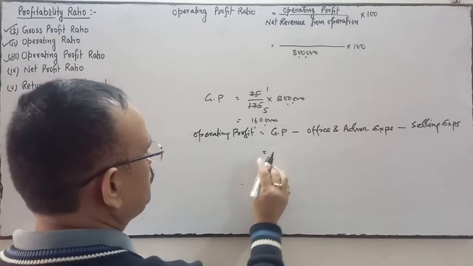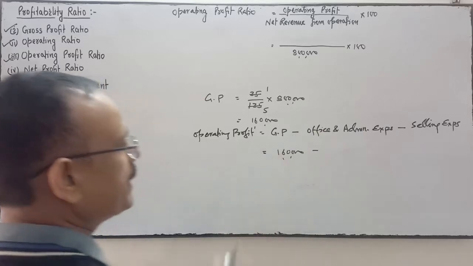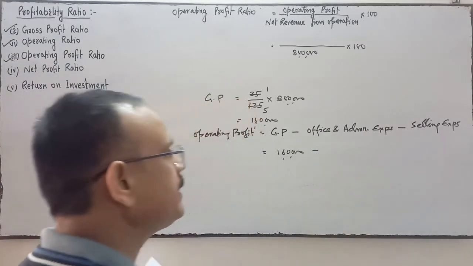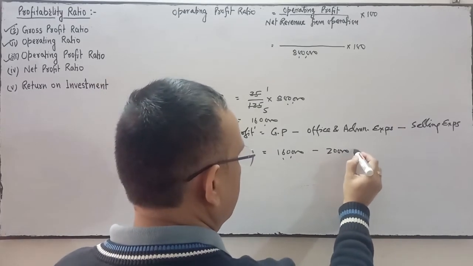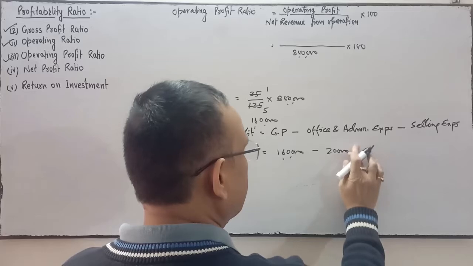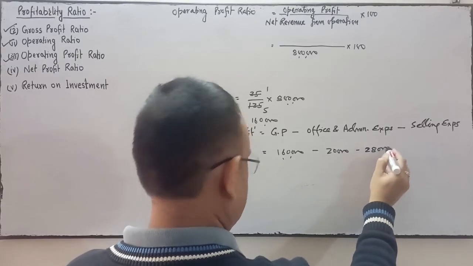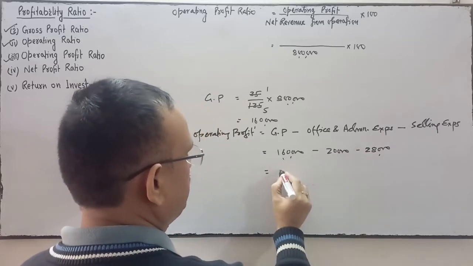So GP is 1,60,000, and under the operating expenses, two expenses are there: office and administrative and selling expenses. Office and administration is 20,000 and selling expenses is 28,000. So we'll deduct 48 from here.